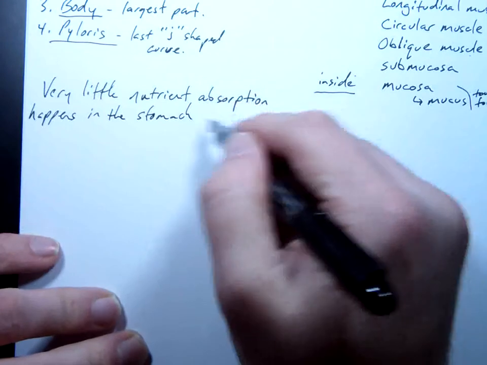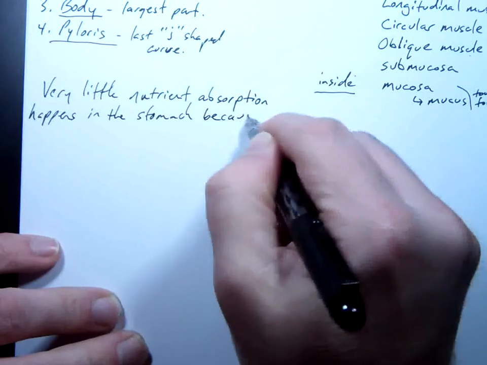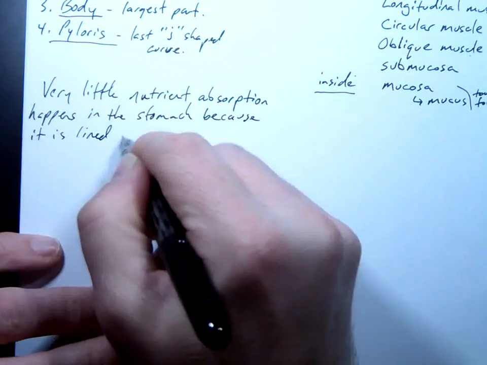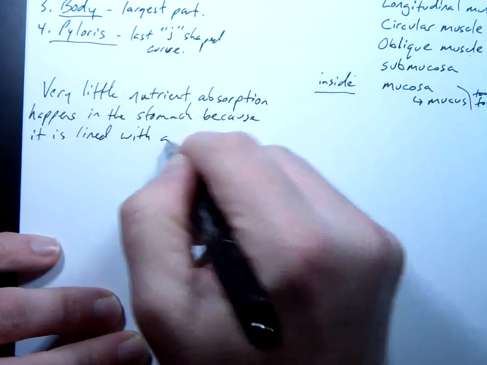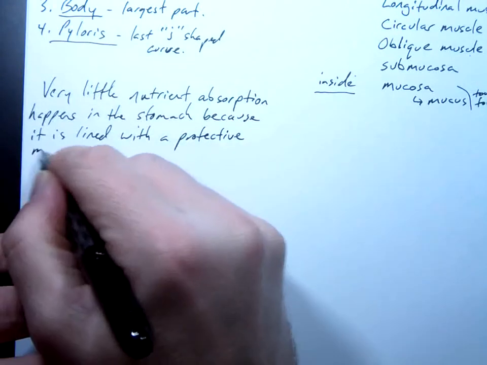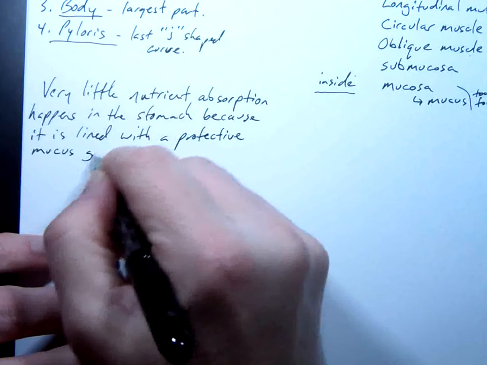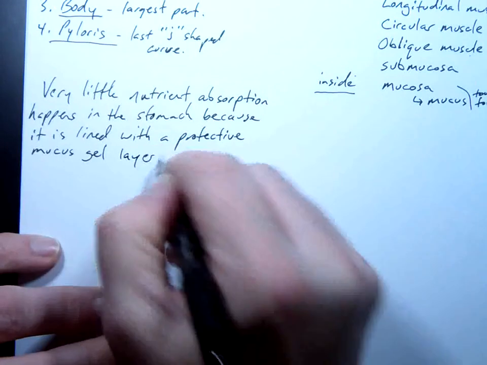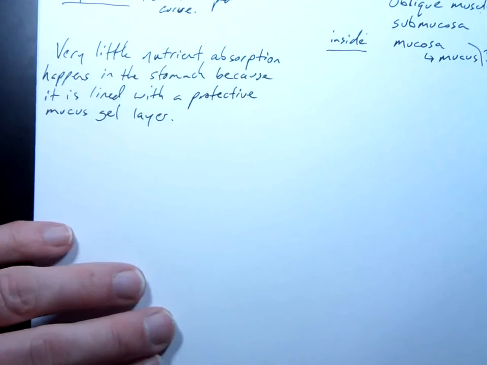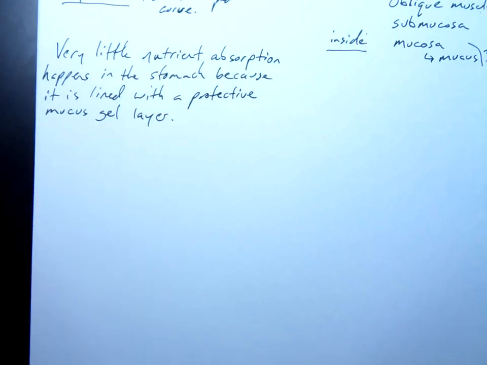It is lined with a protective mucus gel layer. That's what protects us from peptic ulcers. Our acids have a pH of 1, sometimes pitching toward 0, in our stomach.